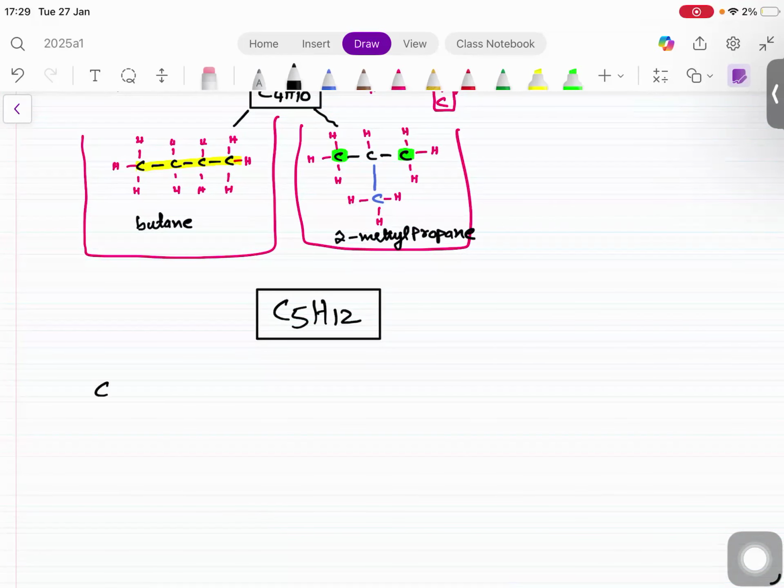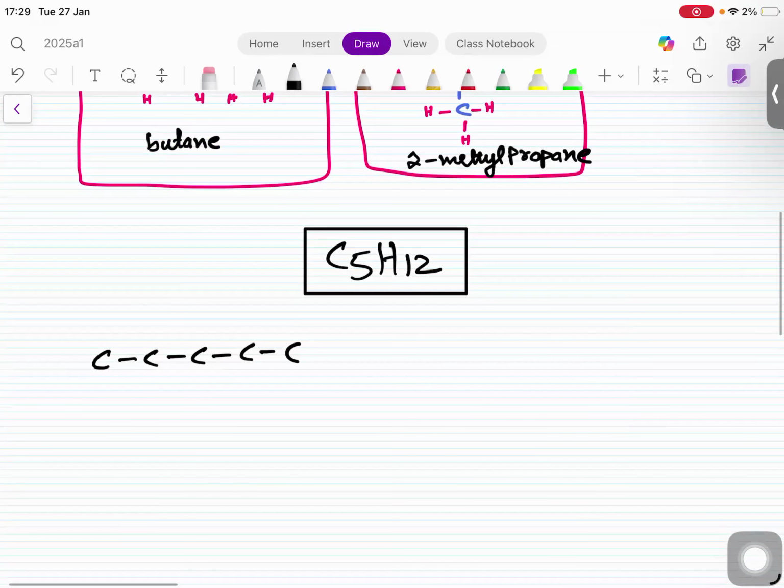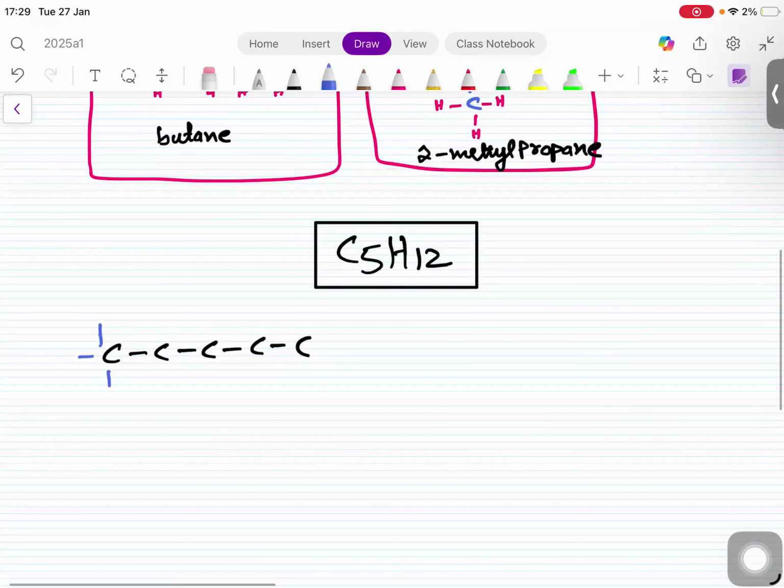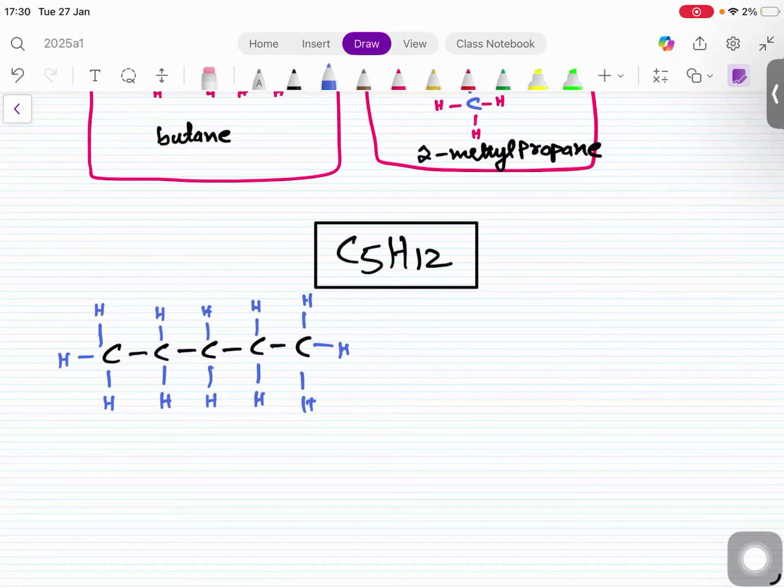One structure has 1, 2, 3, 4, 5 carbon atoms, all 5 in one chain.